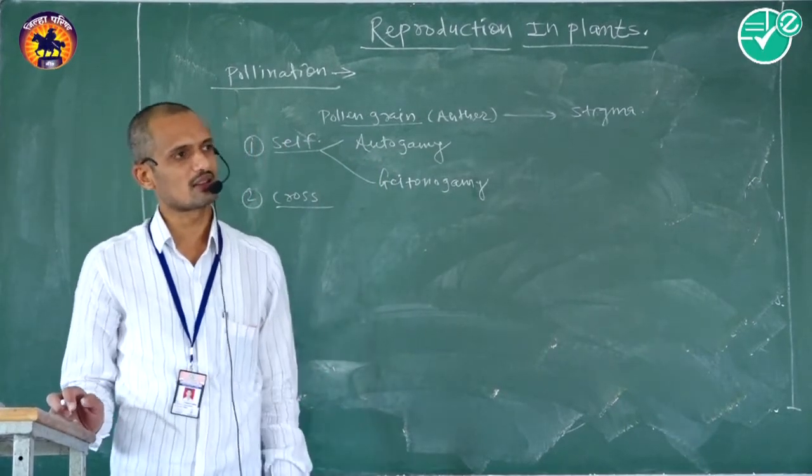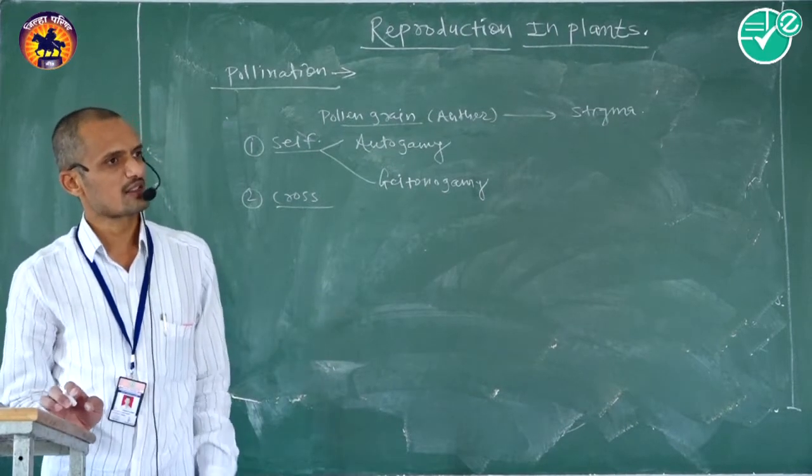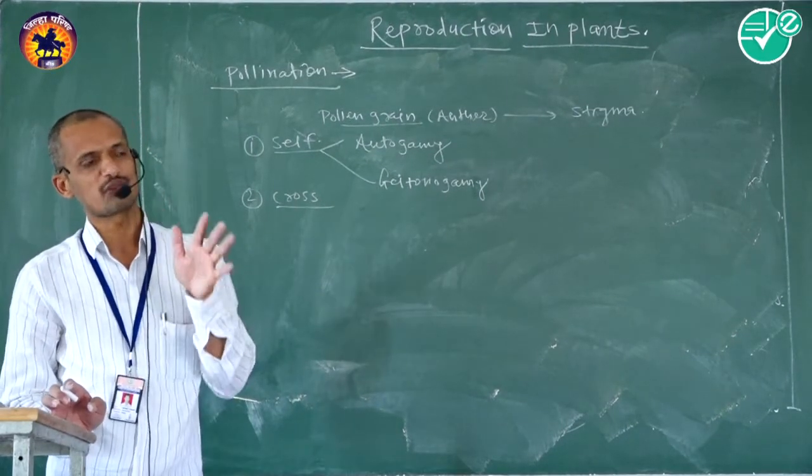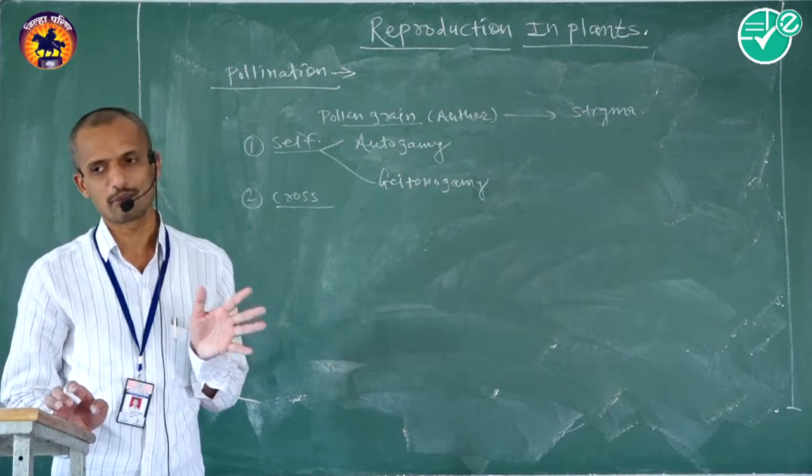Groundnut contains cleistogamous flowers. Cleistogamous flowers are those that do not open at maturity.